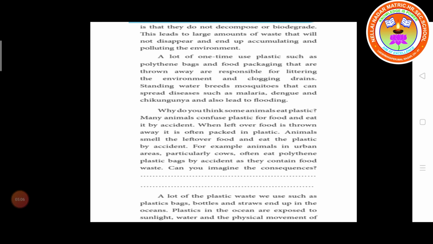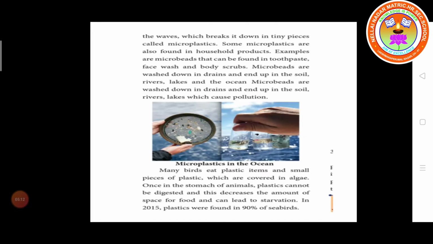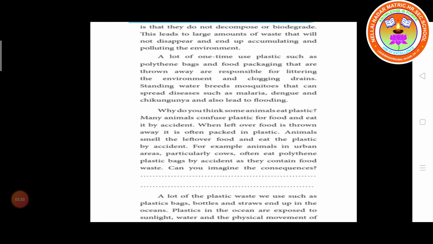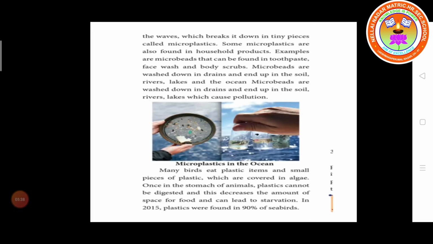The plastic in the ocean is exposed to sunlight, water, and the physical movement of the waves, which break it down into tiny pieces called microplastics.